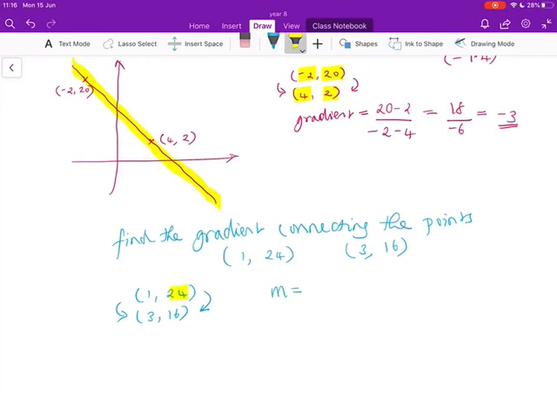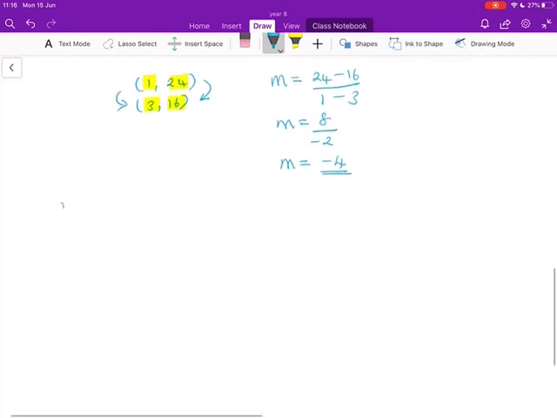So our gradient will be 24 subtract 16 as our rise over our run, which will be 1 subtract 3. 24 take away 16 is 8. 1 take away 3 is minus 2. 8 divided by 2 is 4. So 8 divided by minus 2 is minus 4. So that's the gradient of the line connecting those two.